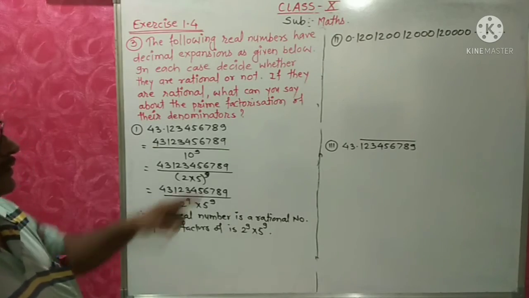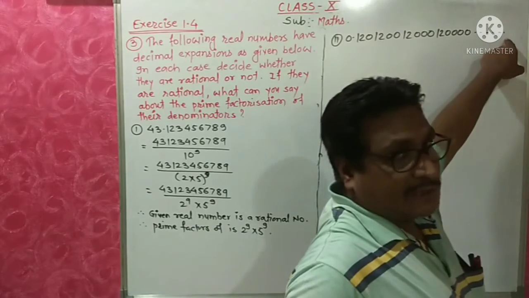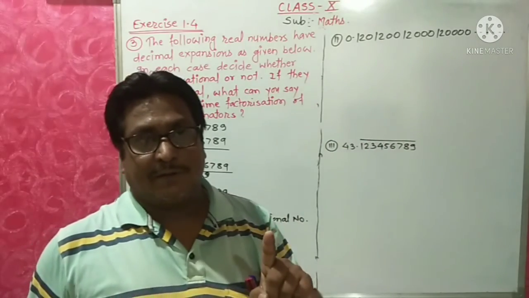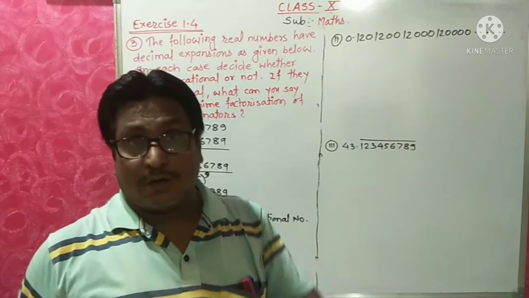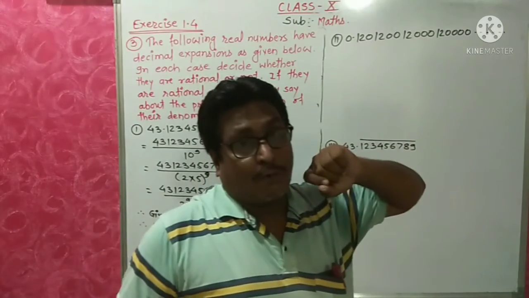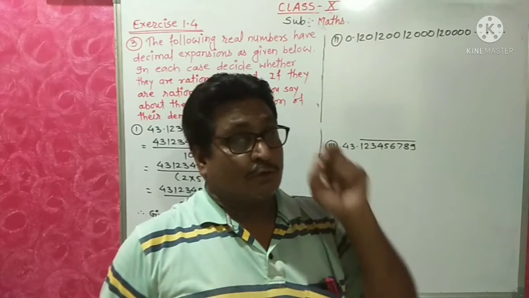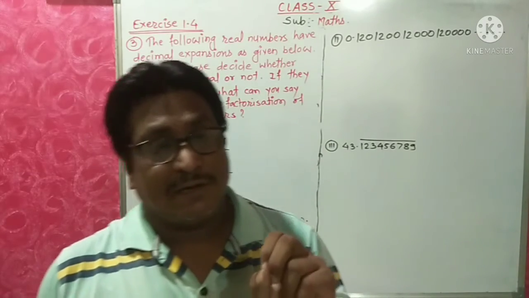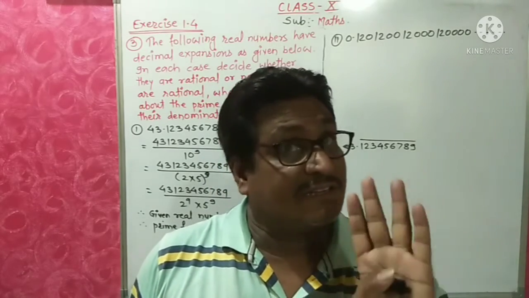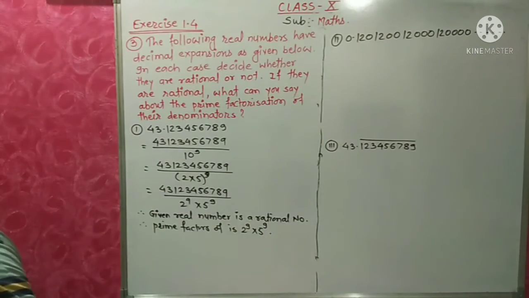Understood? Then here, dot dot dot is there. So what is the meaning of dot dot dot? It is non-terminating. Is any digit repeating or what? No. So it is non-terminating, non-recurring. A non-terminating, non-recurring decimal is not a rational number. It is an irrational number. So what can we write about that?